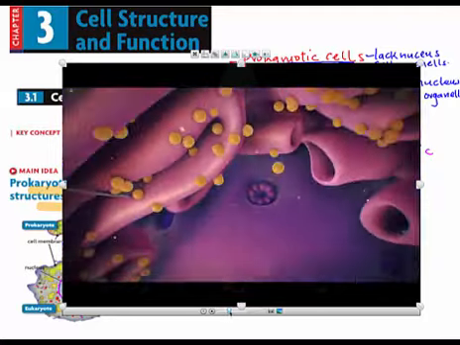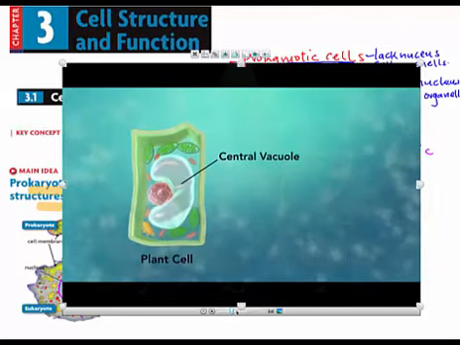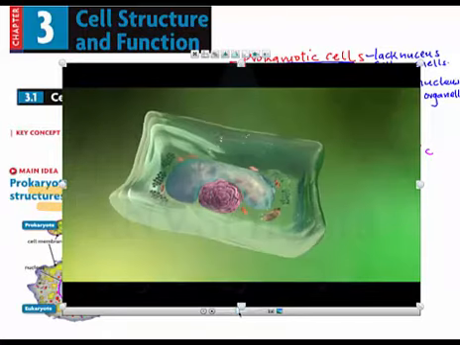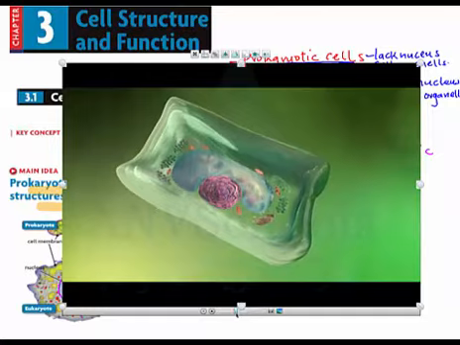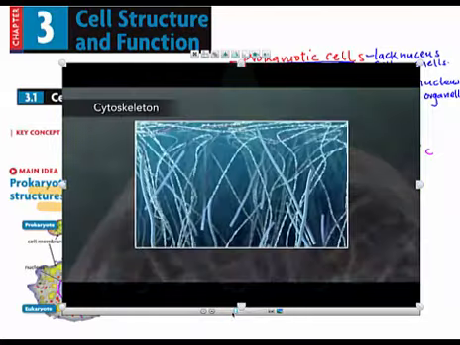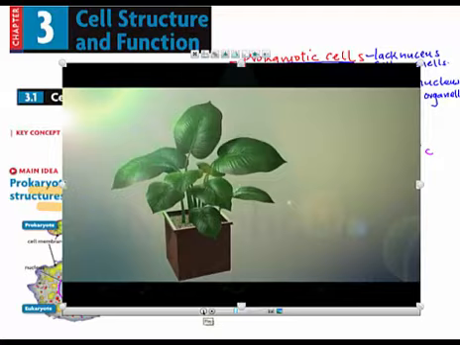Here we just want to see the difference between the two. This is a plant cell, and the first one was an animal cell, and both of them are eukaryotic cells.